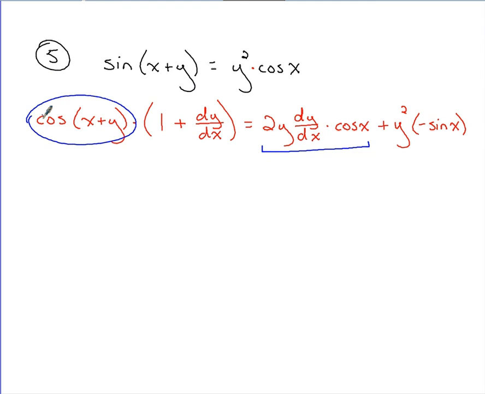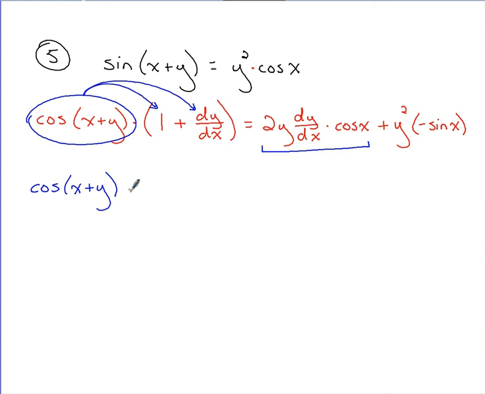So anytime this happens where the dy/dx is stuck inside parentheses, we've got to distribute this out. So this is going to be one extra step on this problem. We're going to take this cosine of x plus y multiplied by 1, which gives us cosine of x plus y.